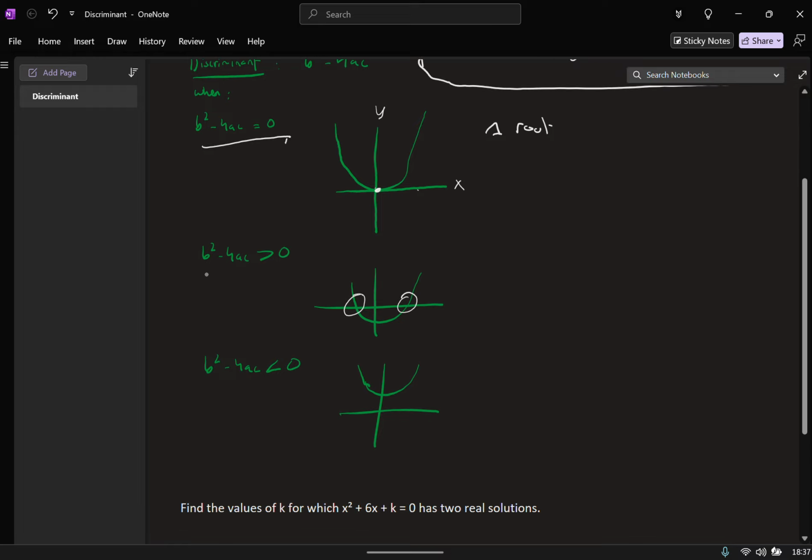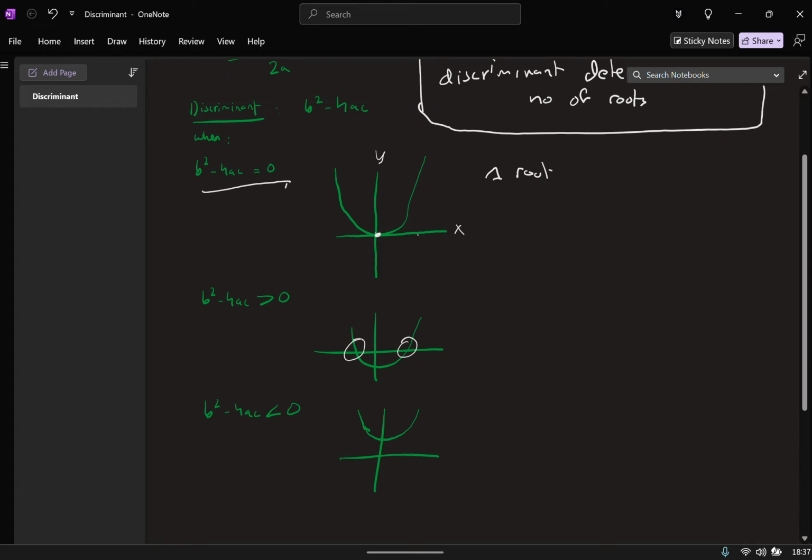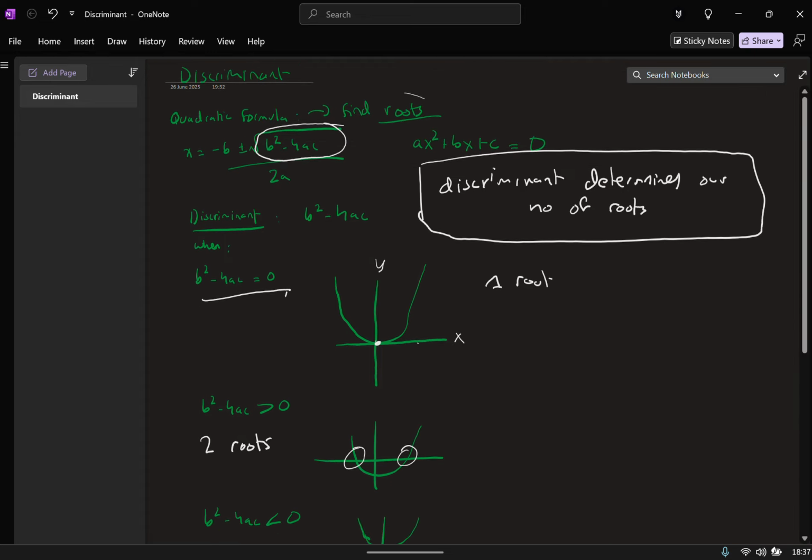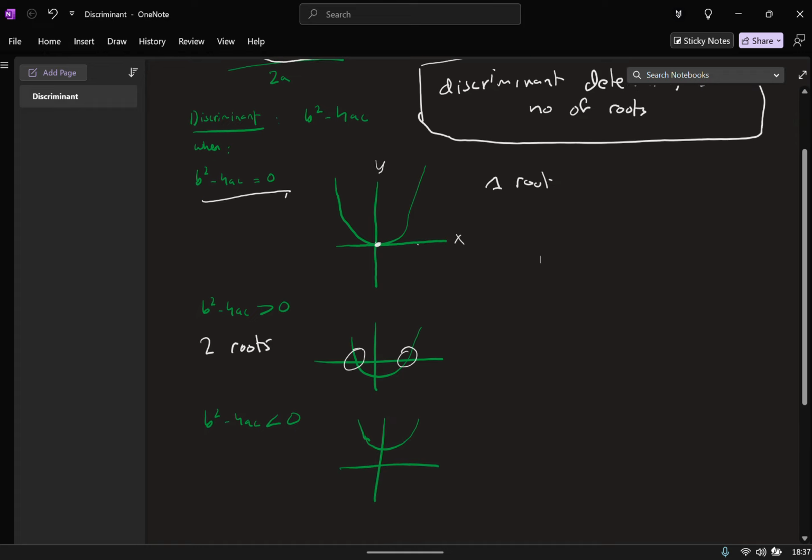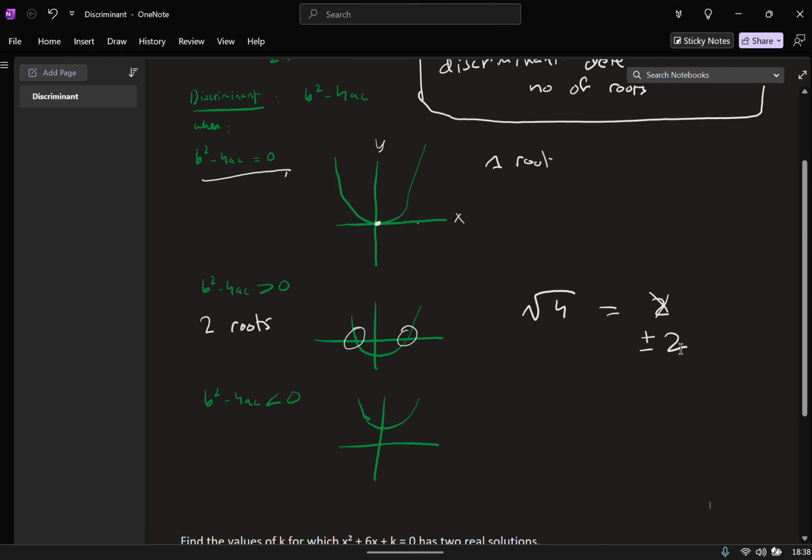Then we have our discriminant being positive, so a value greater than 0. In that case, we have two roots. Why will we have two roots? Because when b squared minus 4ac is positive, we will have two values. As you know, the square root of 4 isn't just 2, it's plus or minus 2, which is two different answers.